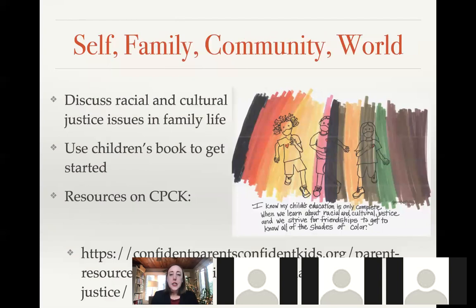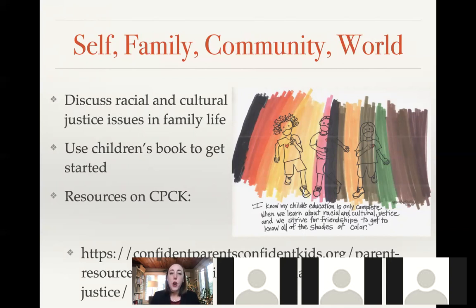And then it is critical that we address right now the racial and cultural justice issues in our family life. We are seeing it in the news. And racial injustice has been going on for many, many decades. And so it is absolutely critical that we start the conversation, if we haven't already, in family life.